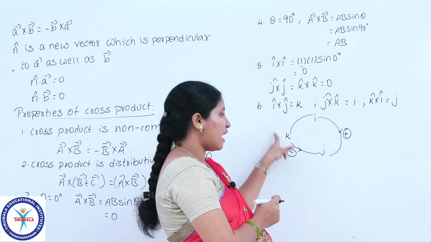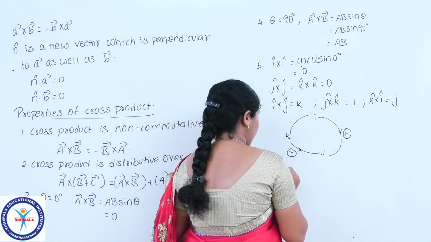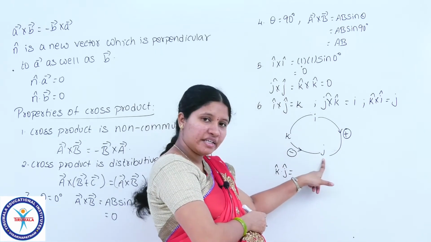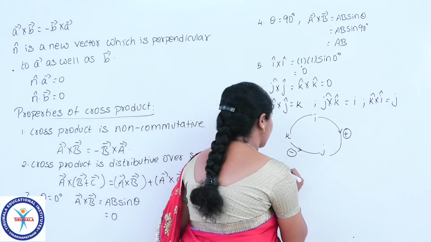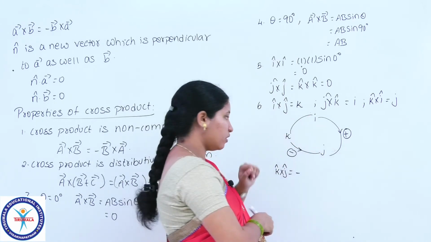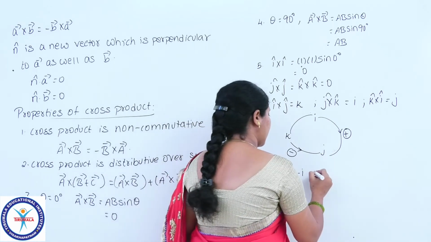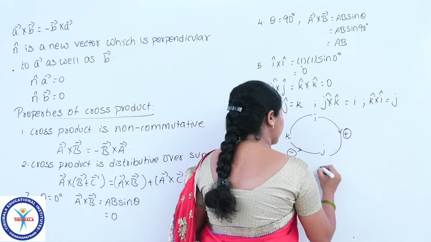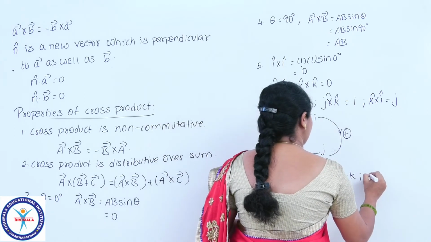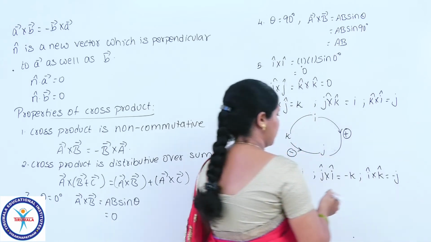If we go in anti-clockwise direction, suppose I am taking k cross j, as I am coming in anti-clockwise direction, it is negative, and what is the other unit vector? That is i. So k cross j is minus i, and j cross i is equal to minus k, and i cross k is equal to minus j.